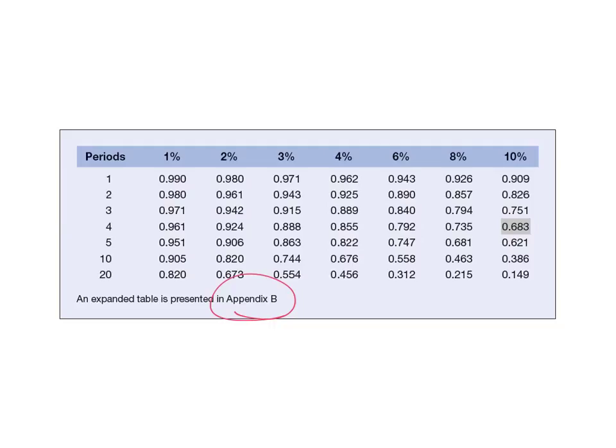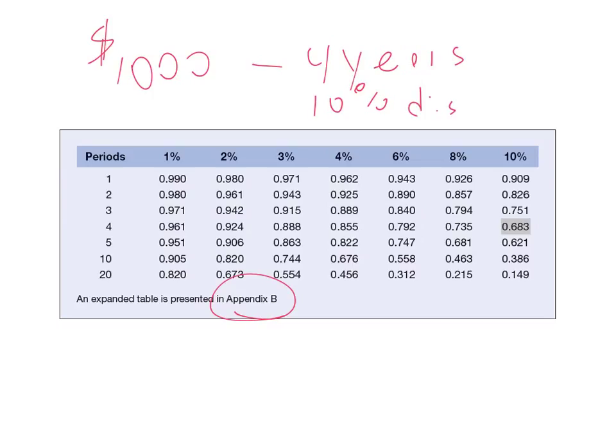Let's suppose that you're going to receive $1,000 4 years from now. And we're going to keep a 10% discount rate. We discount future money at a rate of 10%. Well, we can use Appendix B to determine the present value.